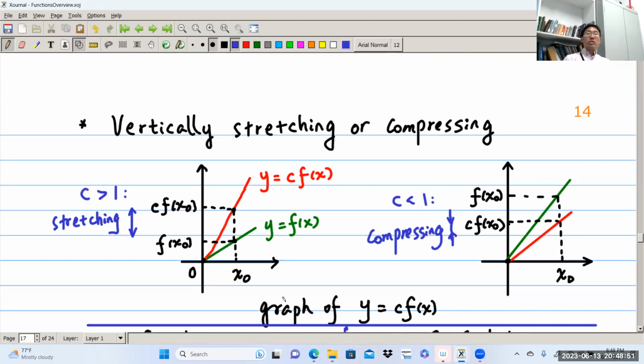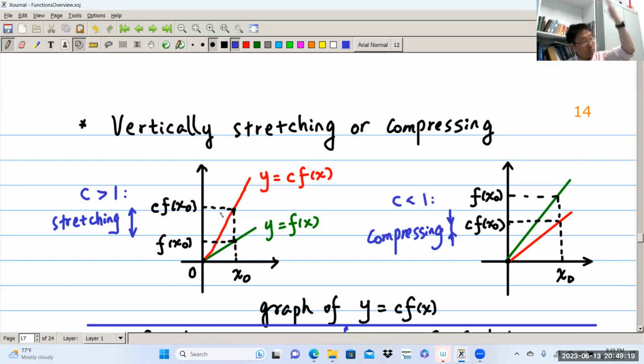Now, vertical stretching or compression. I think you know this one. Suppose this green curve is y equals f of x. Now, suppose I multiply f by c, I get a new function y equals c f of x. All right, I do the transformation. So if c is bigger than 1, then for the same input, here is f of x naught, but now it is c times f of x naught.